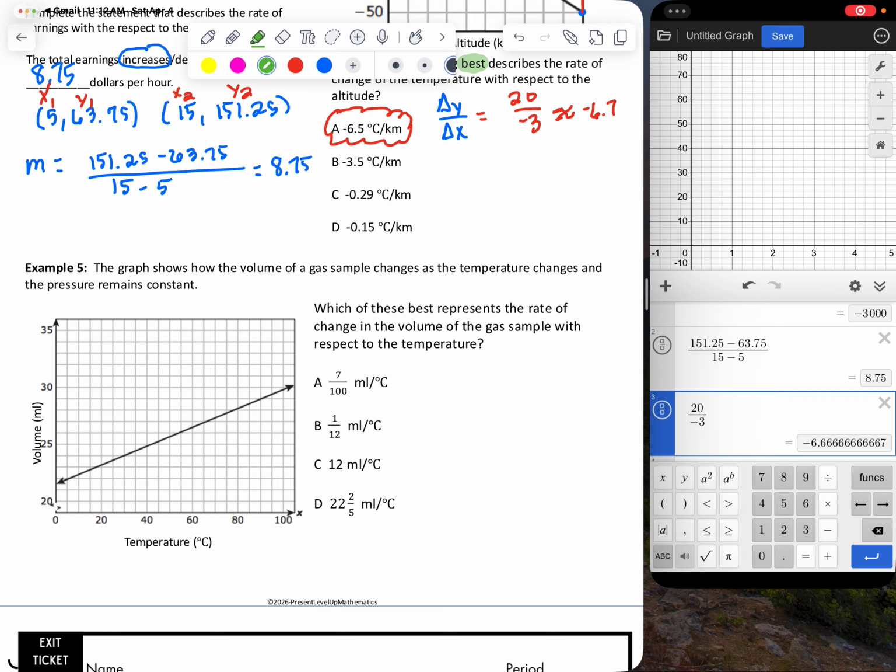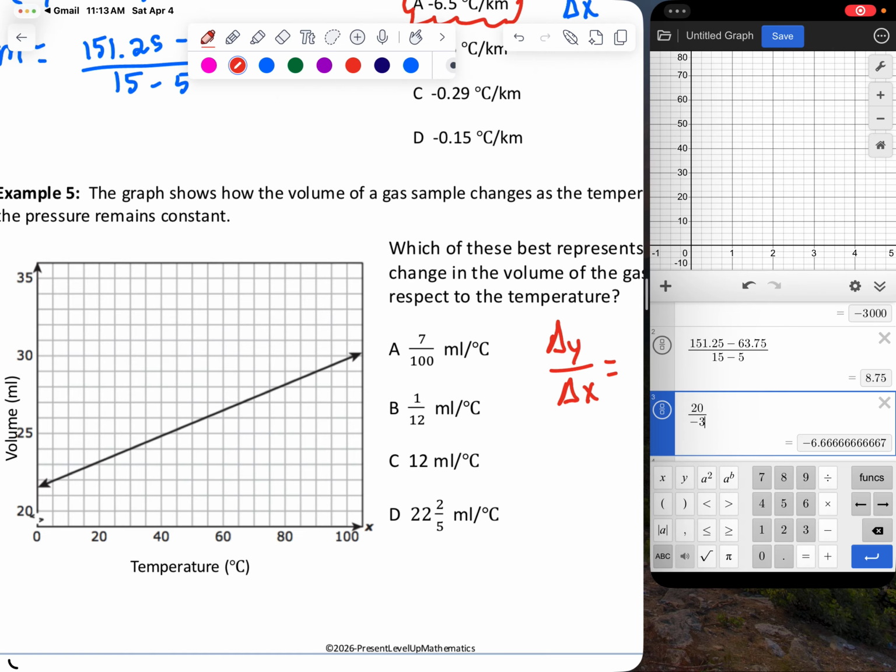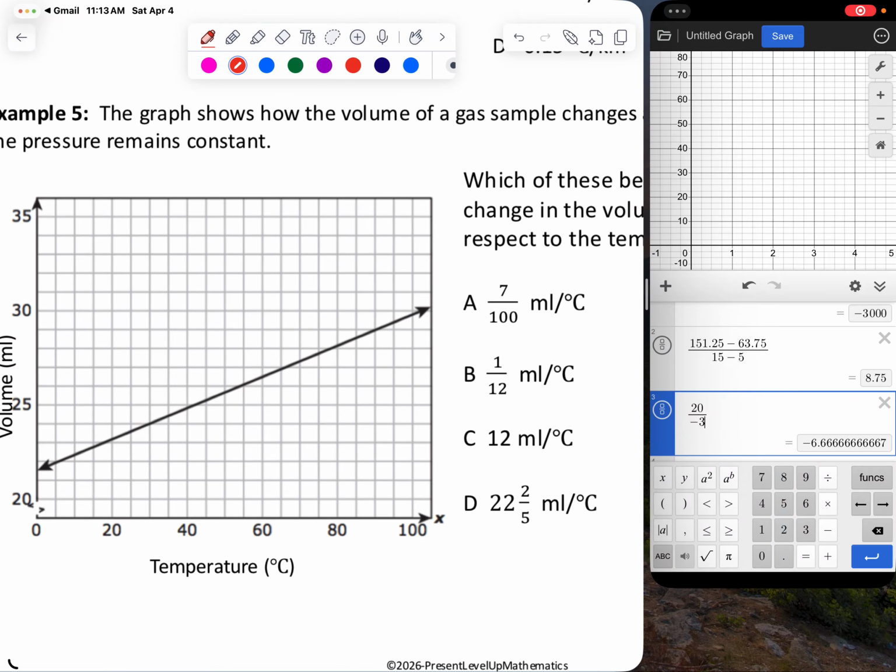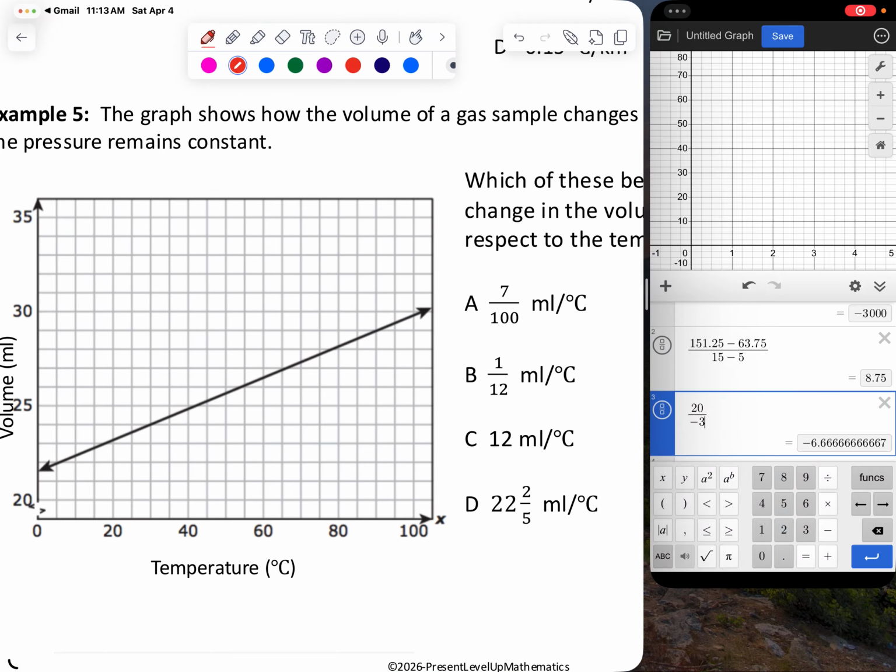So again, because I have a graph, I'm not going to use the slope formula. I'm going to use change in y over change in x. So let me zoom in on this and try to find two fairly friendly points here. I don't know, maybe this one. Keep going. I think this one looks kind of friendly.